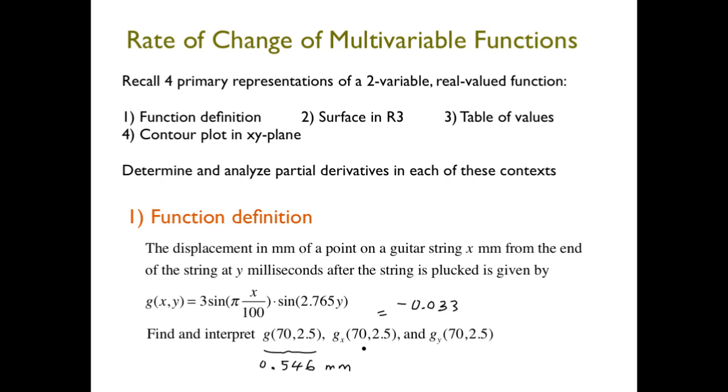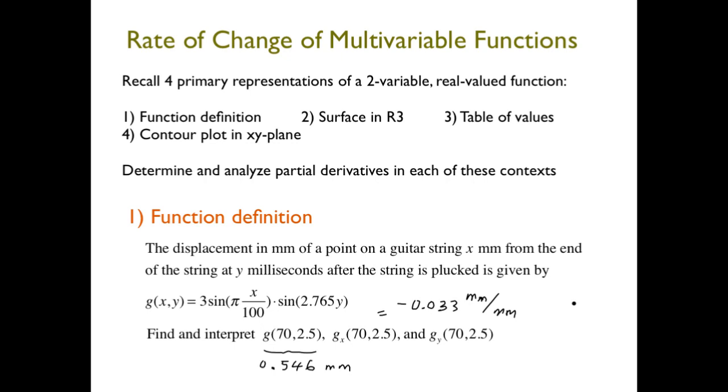It's going to be change in z per change in x. Per millimeter. But these are in different directions, right? The change in z is up and down, and the change in x is left and right. So it's millimeters per millimeter. Don't cancel them out. Millimeters up and down per millimeter this way.